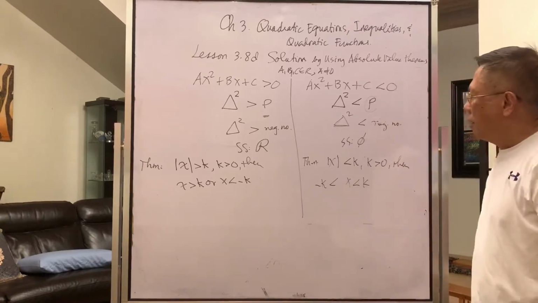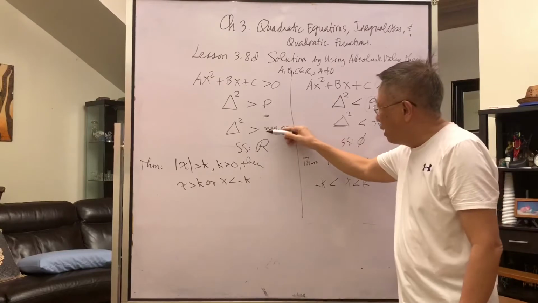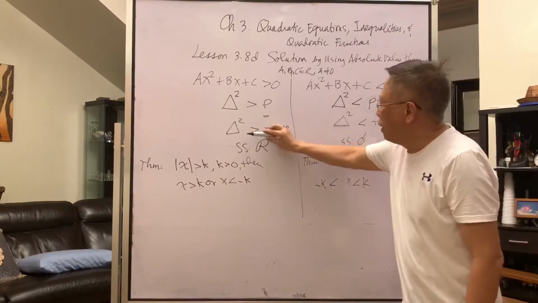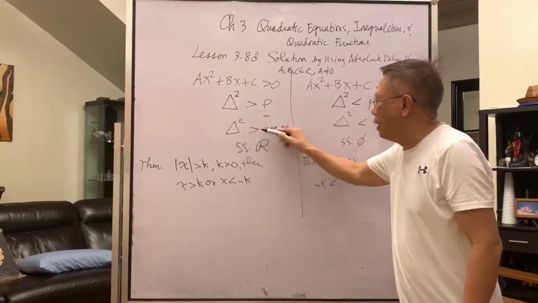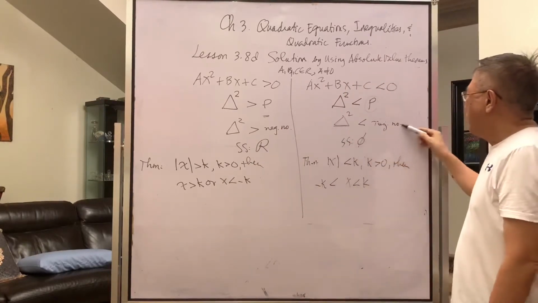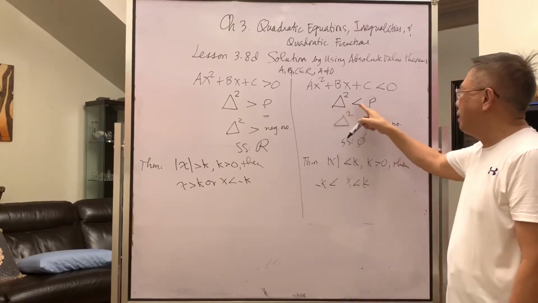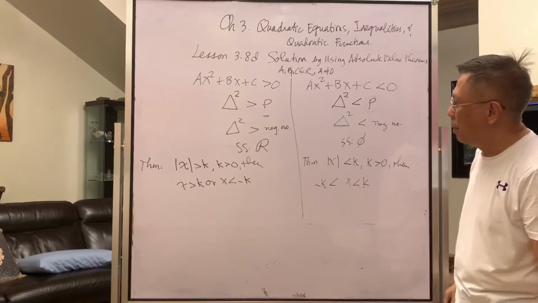If we have arrived at a negative p, then we don't need to continue solving using this theorem, because by then we know that this statement will always be true for any value of x. Similarly, this one will never be true for any value of x, because a square, again, I say, is not less than a negative number.